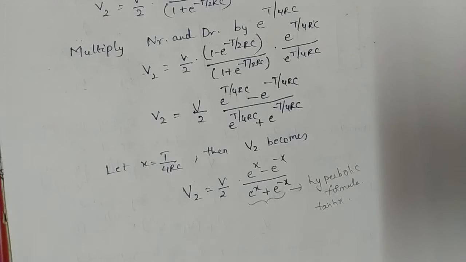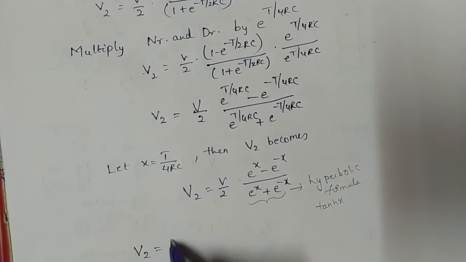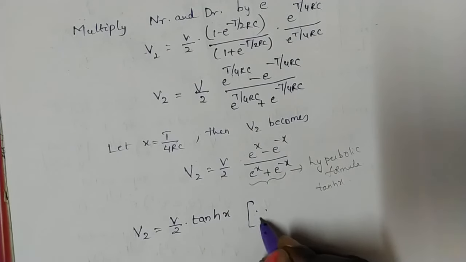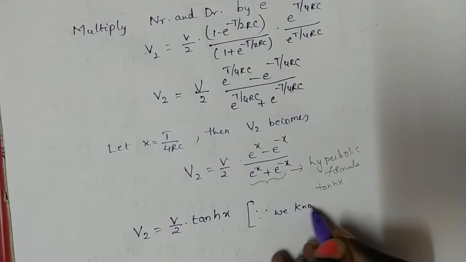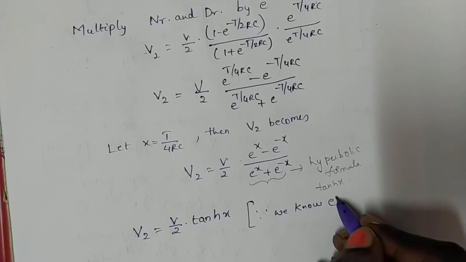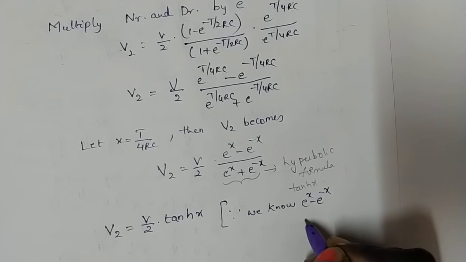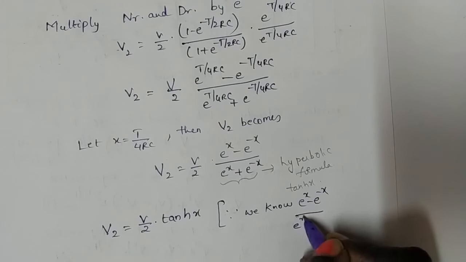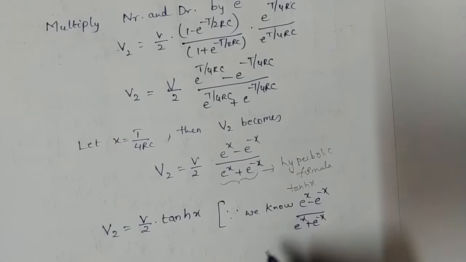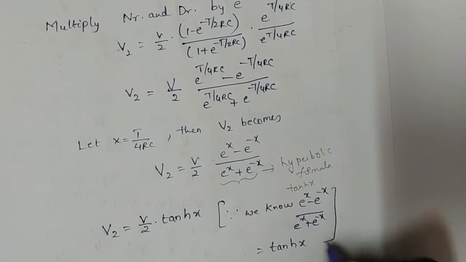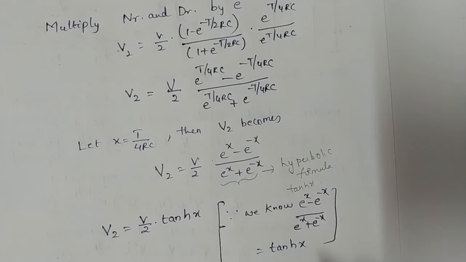Then v2 equal to v by 2 into tan hx, since e power of x minus e power of minus x by e power of x plus e power of minus x equals tan hx using the hyperbolic formula.